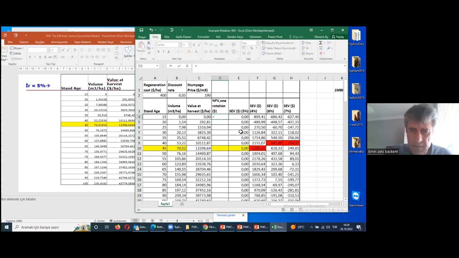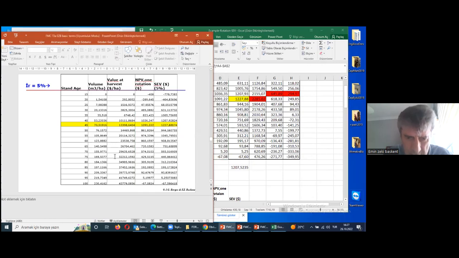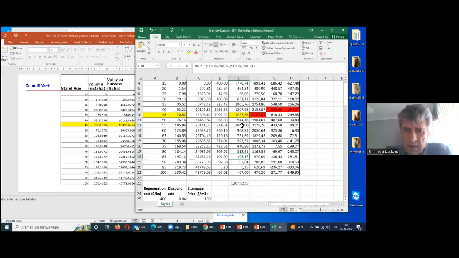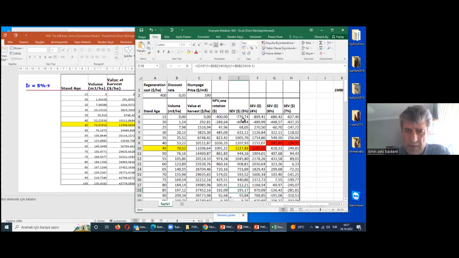Net present value is the total value divided by 1 plus interest rate to the power of rotation period, minus the stumpage price. Fix it and fix it. So this is the same thing. So the calculation seems to be all right. So we were able to calculate the net present value.